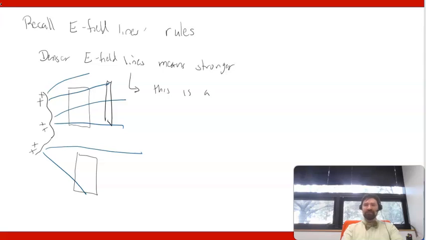and that is kind of new in as much as we didn't know about flux when I first made this statement.